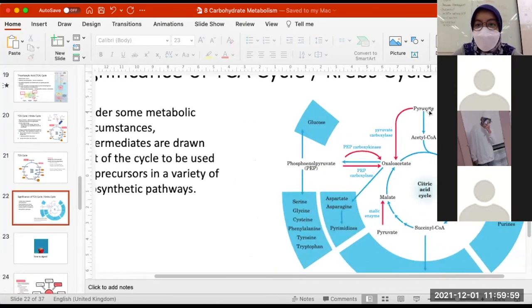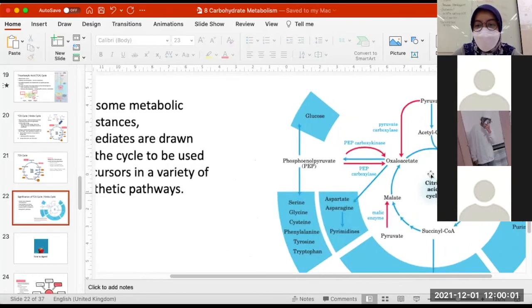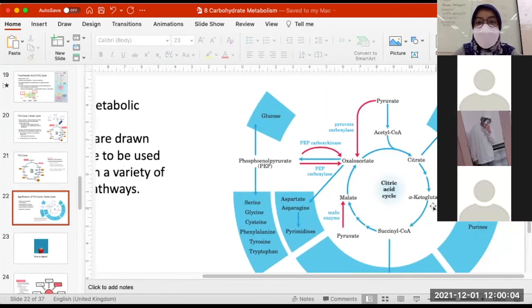Okay, so this is the TCA cycle. If you notice, alpha ketoglutarate can form glutamate. Similarly, glutamate can reverse back and turn into alpha ketoglutarate. So glutamate is a glucogenic amino acid, meaning an amino acid that can turn into glucose.